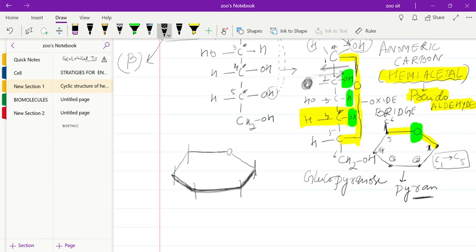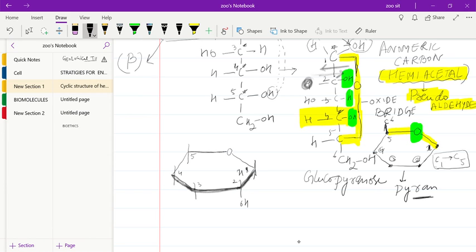Just like I would like to say here, suppose we have a glucose molecule here; this is carbon number 1, carbon number 2, carbon number 3, carbon number 4, and carbon number 5. As far as carbon number 2 is concerned now, here you see that H is on the inner side and OH is on the side toward the oxide bridge.